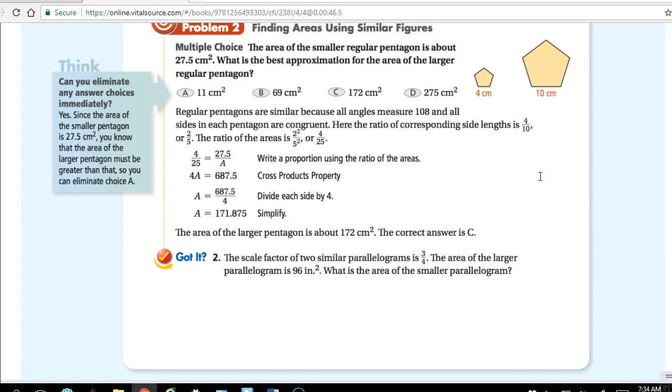So that means the area factor would be the square of that. So you would set up the proportion as 9/16 equals, and since they gave us the area of the larger one, then that's going to go on the bottom where the 16 is. So 9/16 should equal a/96, which was the area of the larger one.